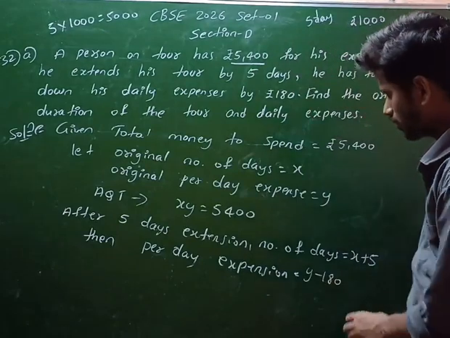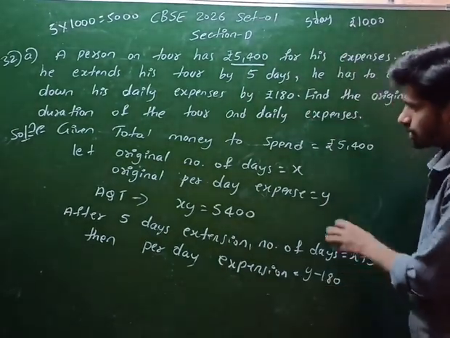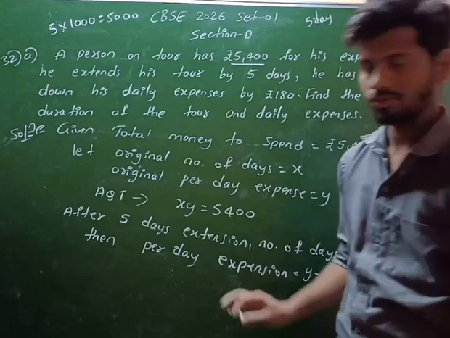Now again, if you multiply this per-day expense and the number of days, you should get the same thing, that is 5,400.